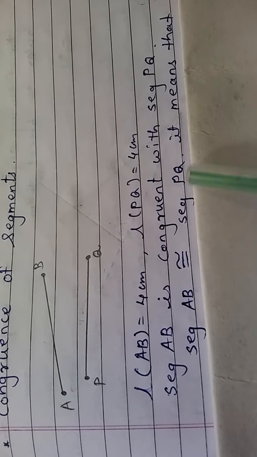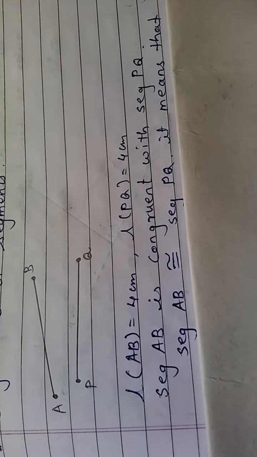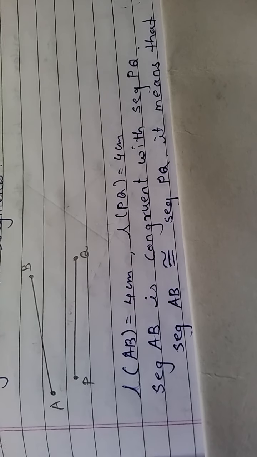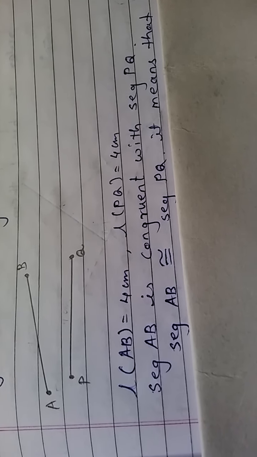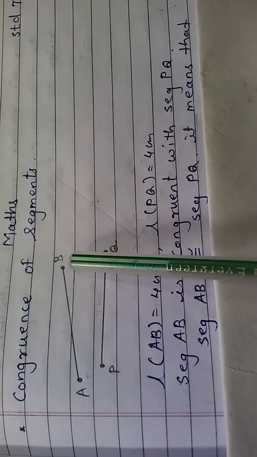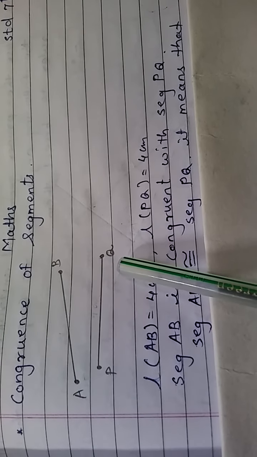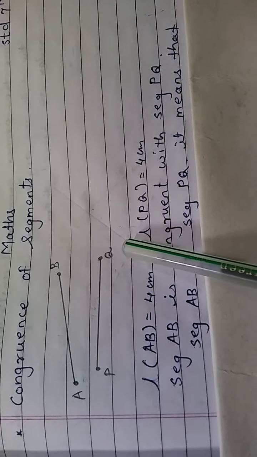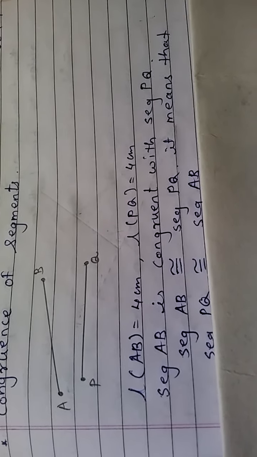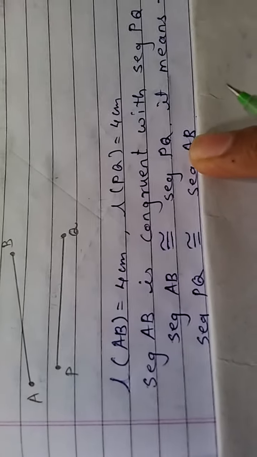We can write this in another way also. If segment AB is congruent with segment PQ, it means that segment PQ is congruent with segment AB.